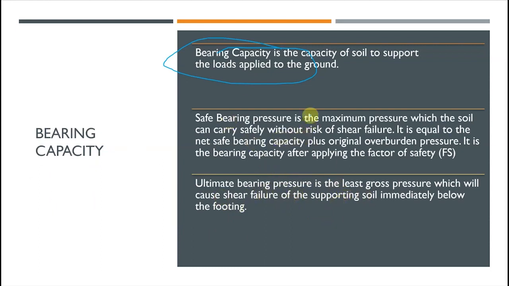Ultimate bearing pressure ni bearing pressure yang paling tinggi yang menyebabkan soil to fail immediately below the footing. Maksudnya bila dah ada transfer load and such, footing tu akan menyebabkan ground itu fail. So itu adalah ultimate bearing pressure.